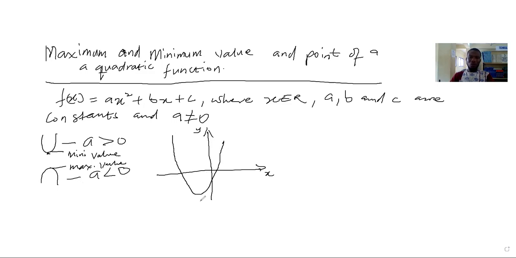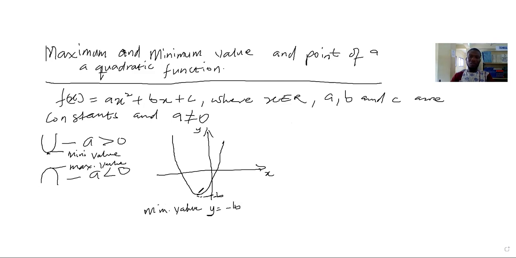We'll trace here to the y-axis. Because it's a negative number, let's call it negative b. And then that becomes our minimum value. So our minimum value will be y equal to negative b, or simply negative b.